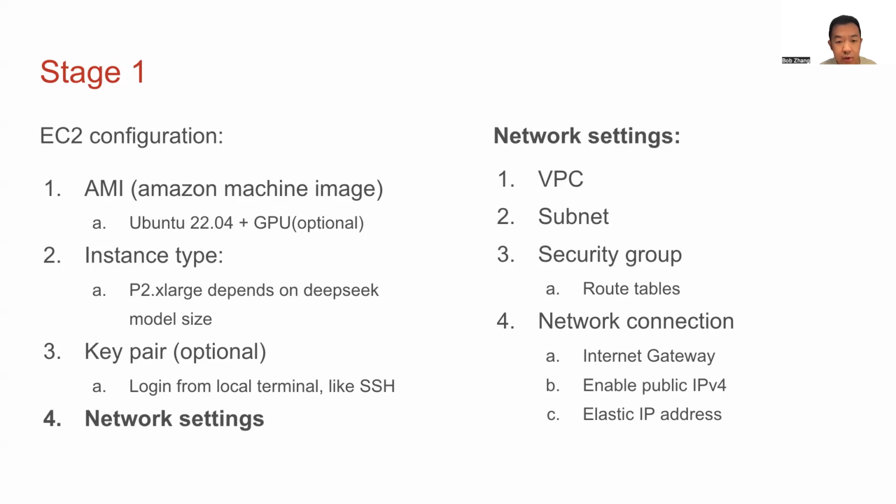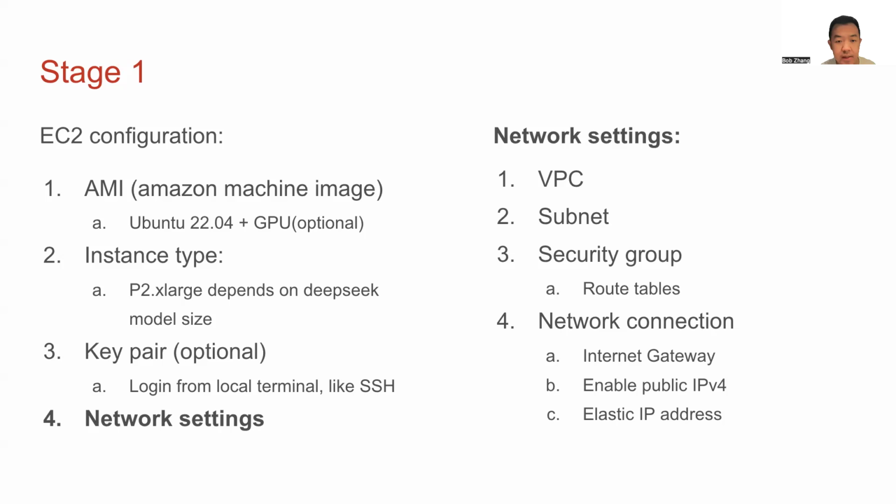For our Amazon machine image, AMI, we will be using Ubuntu 22.04 with GPU support. Well, GPU is entirely optional here since we're only cloning the model from Hugging Face into EC2. We're not actually running it on EC2, so GPU is not necessary.